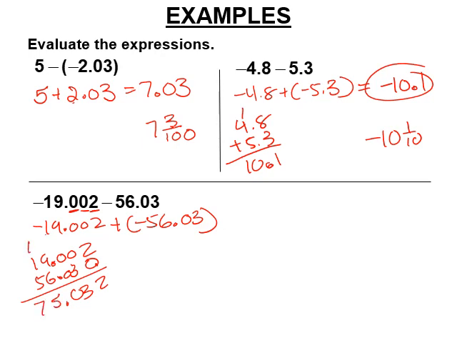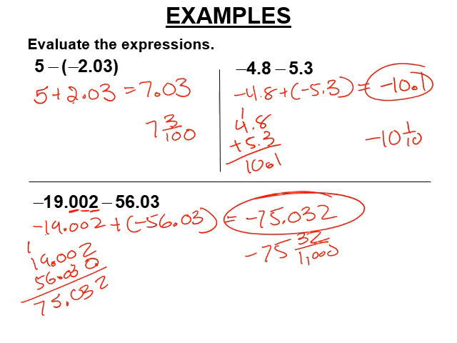And I'm getting negative 75.032. 0.032 is spelling it out, or you could say it as negative 75 32 thousandths. Right? 3 places over is thousandths.